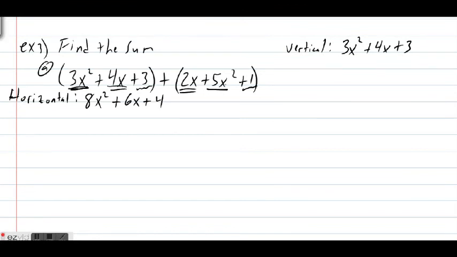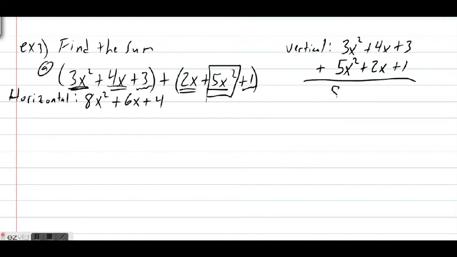I'm going to take this 5x squared here, and put it under the 3x squared, and then go down in value for the exponents, keeping all the like terms together. Okay, so there's a vertical.